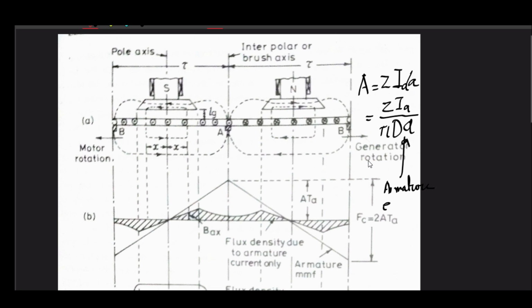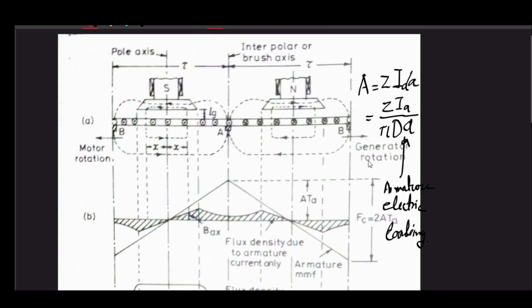You will get to know more about this during your design class. So if you want high armature electric loading, then you need to improve either the conductor materials, but choices are available there.